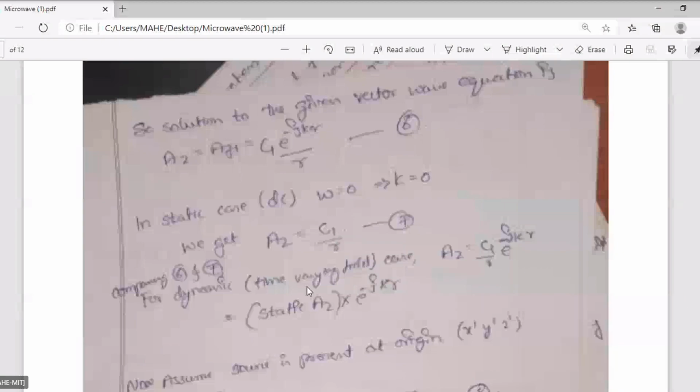For the dynamic time varying case it is C1 by r into e raised to the power minus jkr. So static Az into e raised to the power minus jkr gives the dynamic case, that is, for time varying fields. Static means DC.